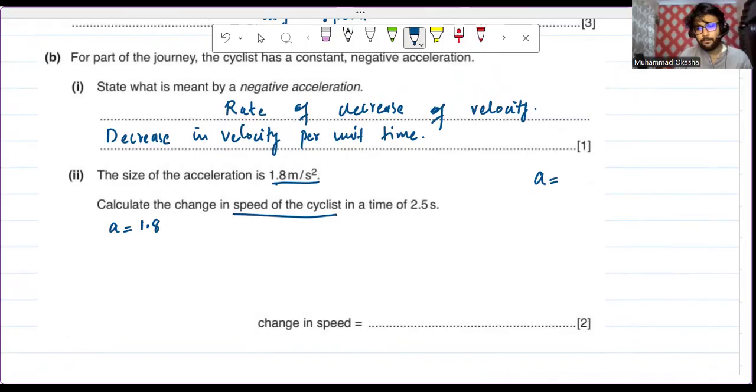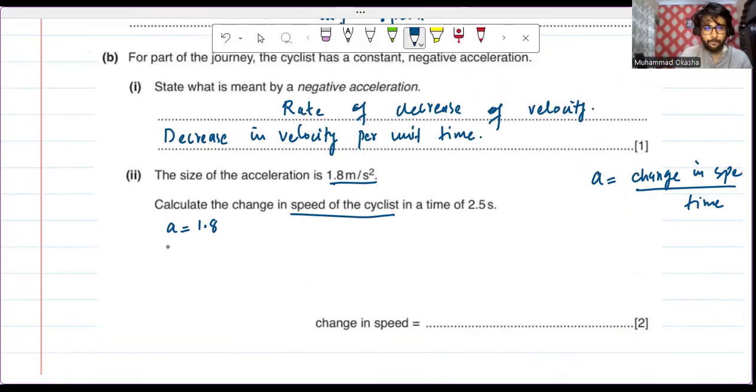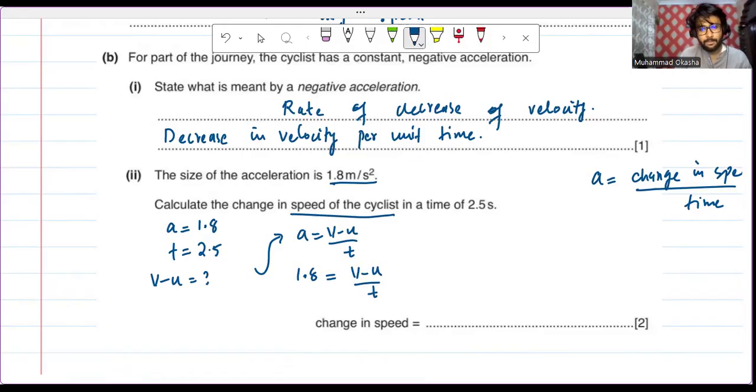So basically, the formula for acceleration is change in speed over time, right? The thing that we do, v minus u, that is actually the change in speed, divided by time. So we need to find out v minus u. Okay, time is equal to 2.5. The formula is a equals v minus u divided by t. Acceleration is 1.8 equals v minus u divided by t.